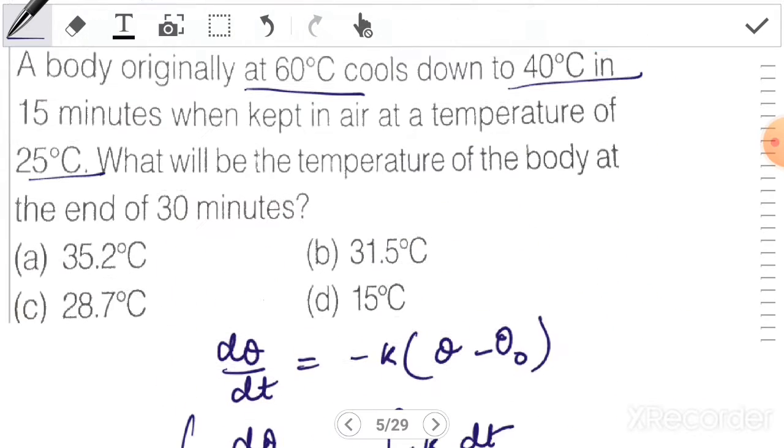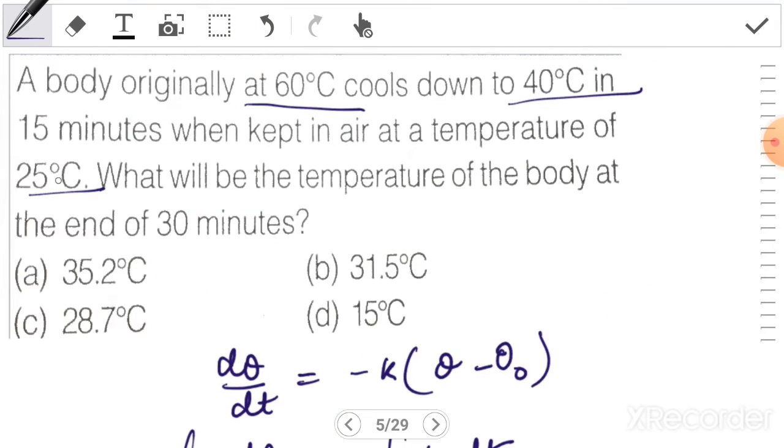So now, given 25 degrees Celsius, θ0 is 25 degrees Celsius. At t is equal to 0, the body had originally a temperature of 60 degrees Celsius.